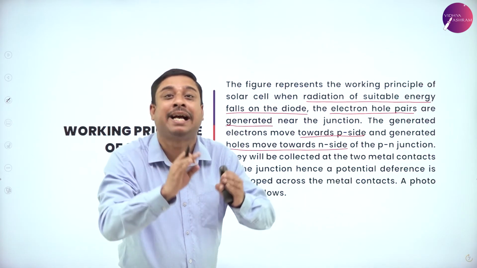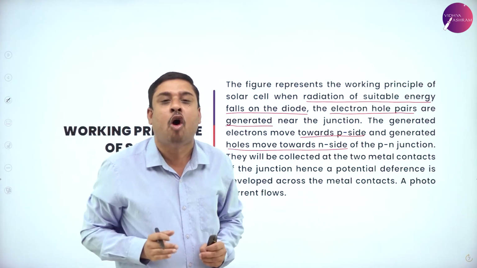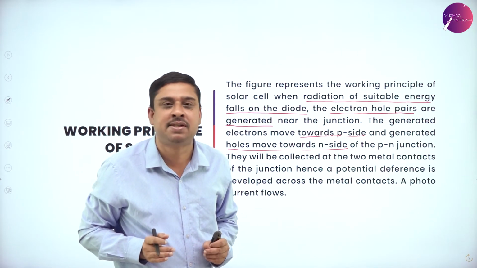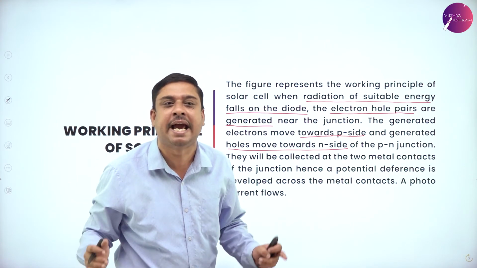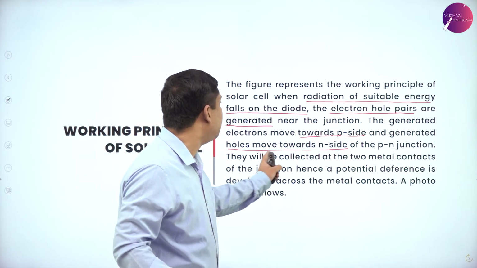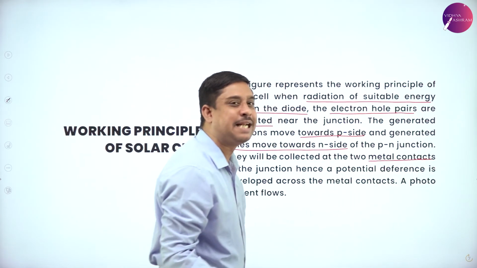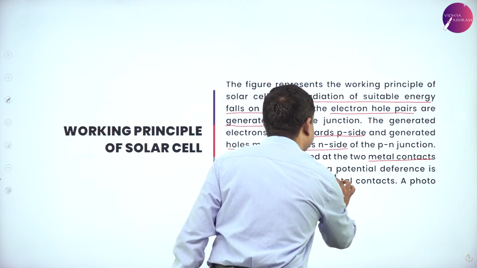There is recombination of holes and electrons. Now they are not called holes or electrons specifically. They are charge carriers. They will be collected at the two metal contacts and a potential difference is developed.